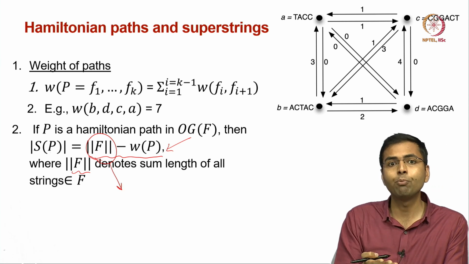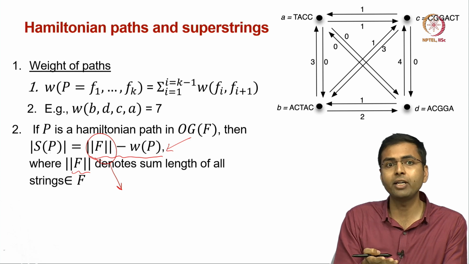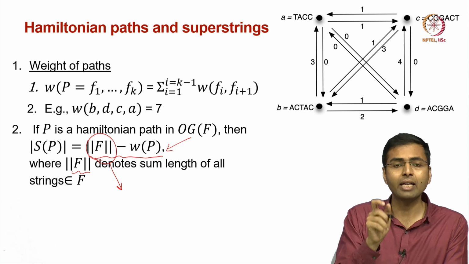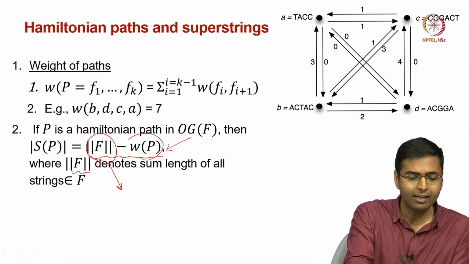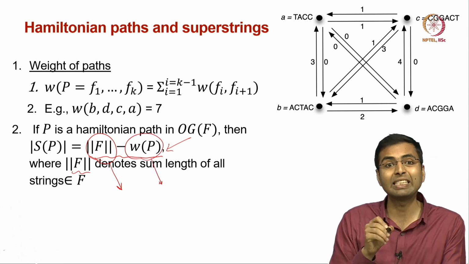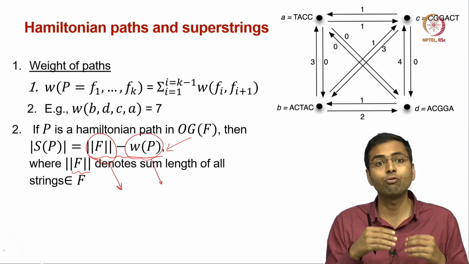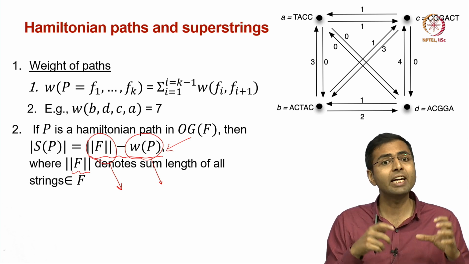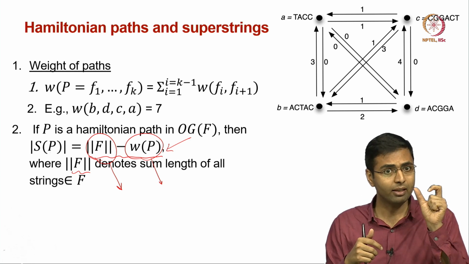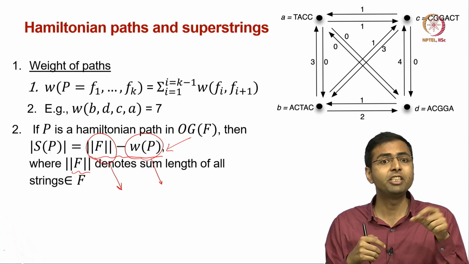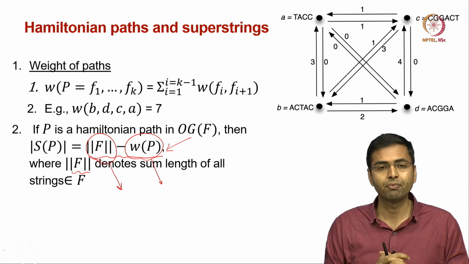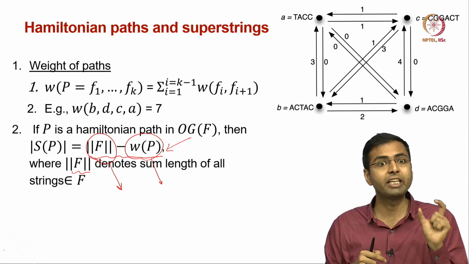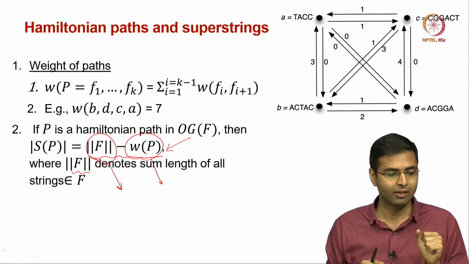So, F is the input and the sum length of all the strings is fixed. However, we can choose an appropriate path such that Wp, that is the weight of that path, is maximum, and accordingly we can go for that Hamiltonian path which gives us the shortest string.